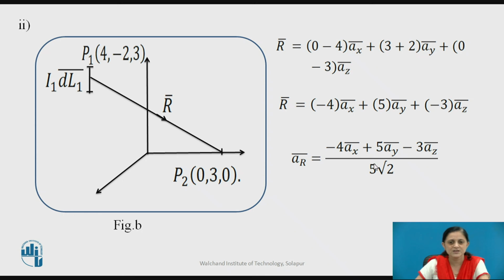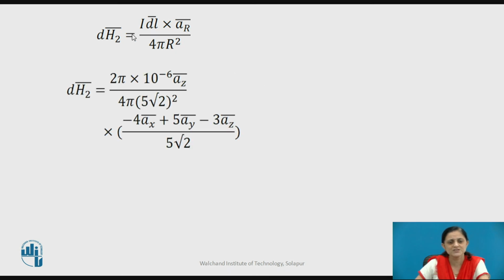So the given vector upon its magnitude, so a bar r becomes equal to minus 4 a bar x plus 5 a bar y minus 3 a bar z upon 5 root 2. Now put all these values in the equation of this dH2 bar. So dH2 bar is equal to I dl bar cross a bar r upon 4 pi R square. So I dl bar is 2 pi into 10 raised to minus 6 a bar z, which is already given, cross with a bar r, which is minus 4 a bar x plus 5 a bar y minus 3 a bar z upon 5 root 2, where R is 5 root 2.